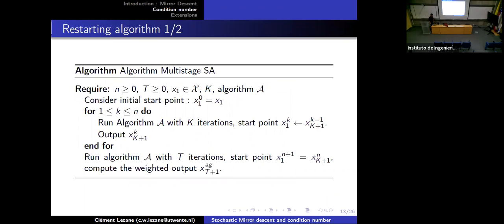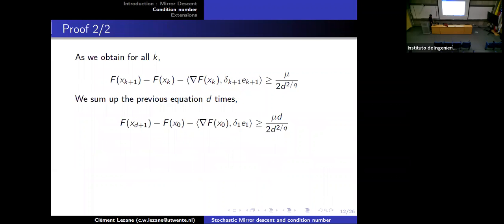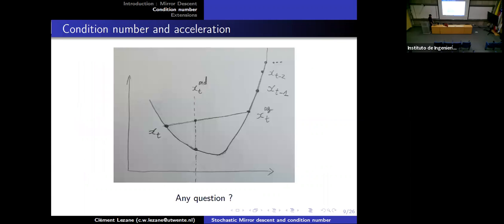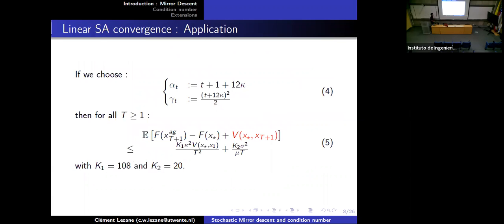So the first idea that we can use to solve that is a restarting algorithm. The main motivation for the restarting algorithm is that when you look at the previous bound, you have something, the gap you're interested in, plus something positive, which is smaller than this. So naturally, people say, okay, this is positive, so we can just ignore it.